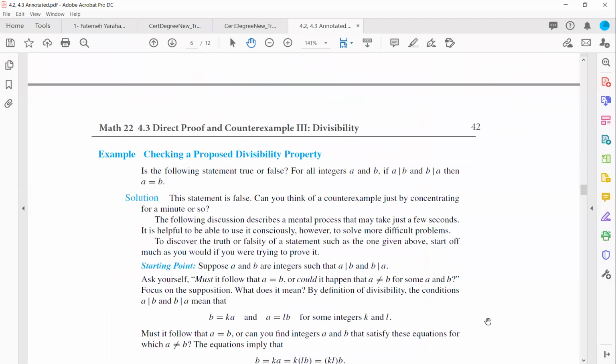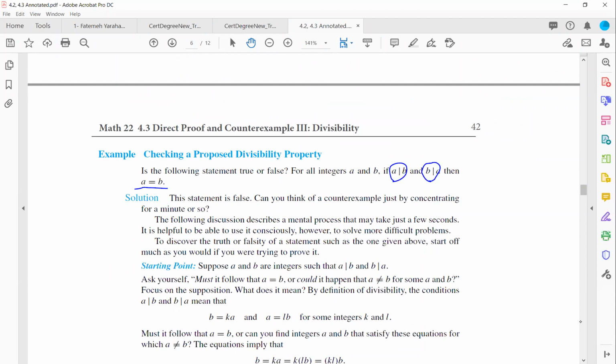Next example. Is the following statement true or false? For all integers a and b, if a divides b, b divides a, then can we conclude a and b are equal to each other? This statement is false.